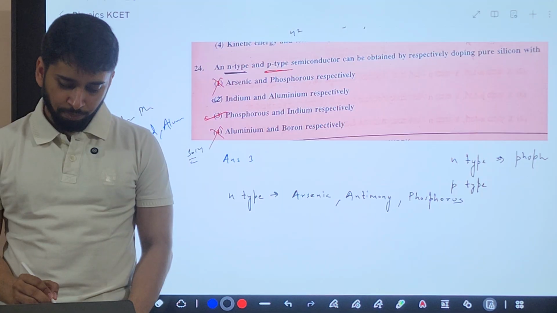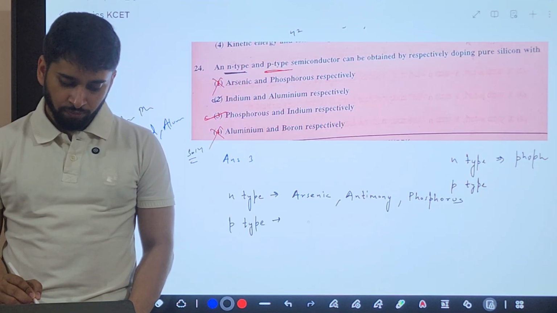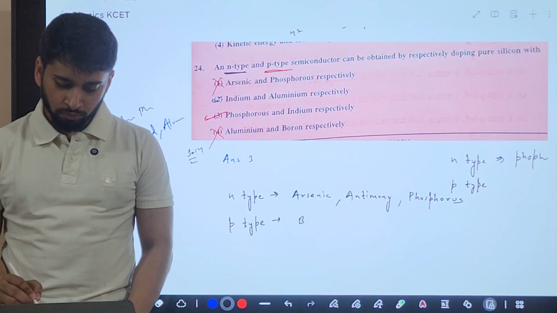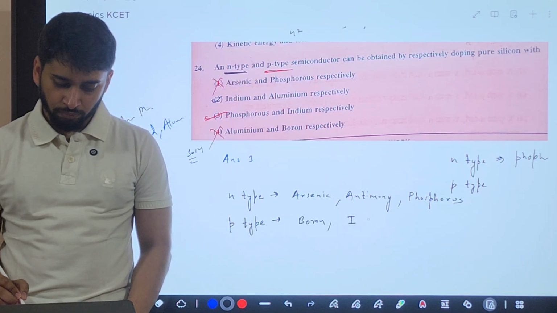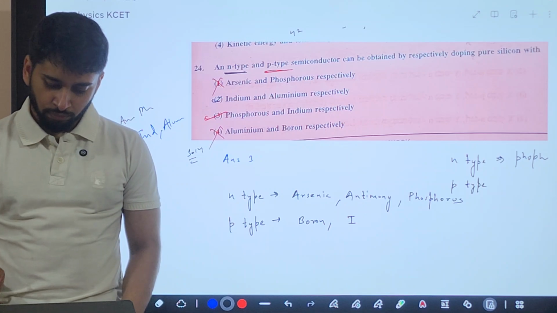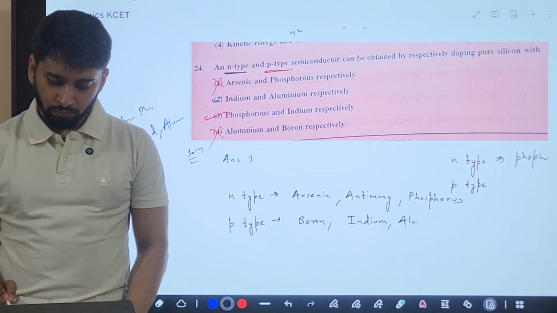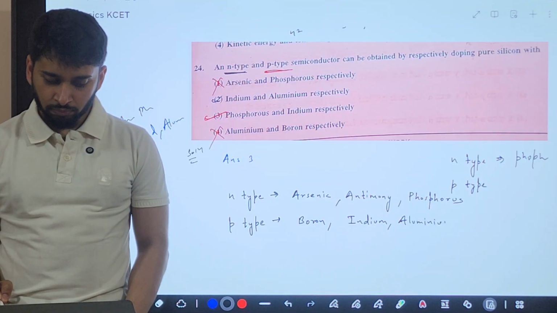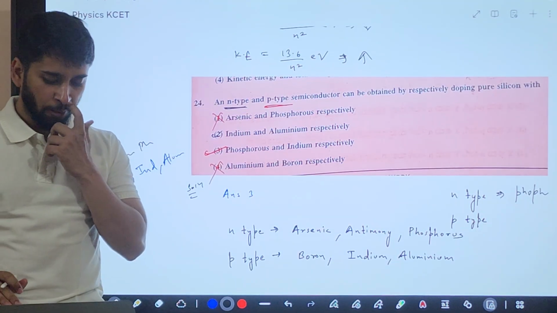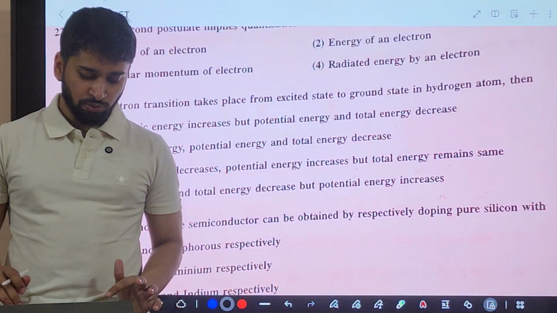For P type we use boron, indium and aluminium. Fine, so this data you need to remember. Okay, let us see the next one, the 25th one.